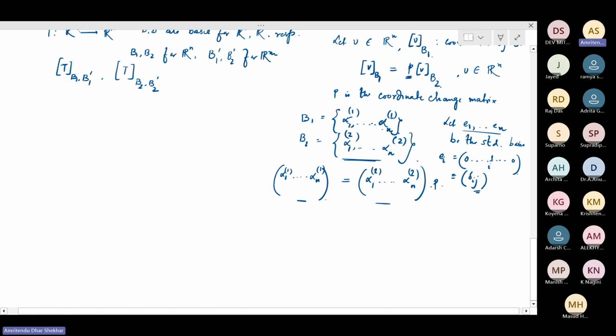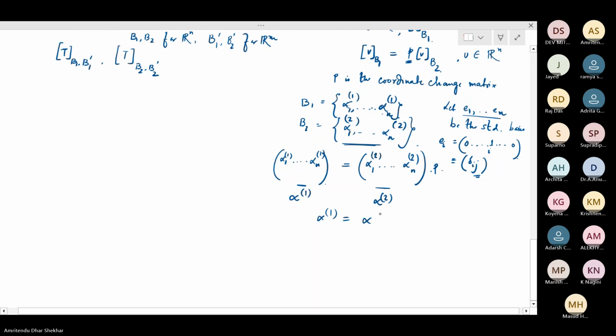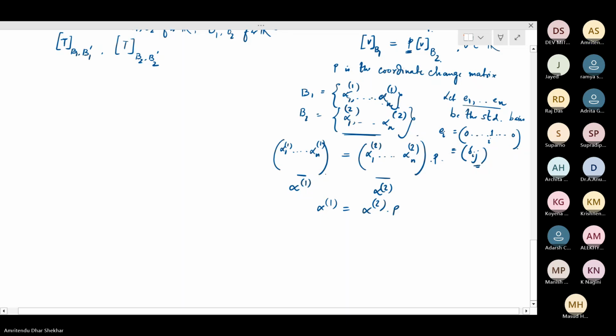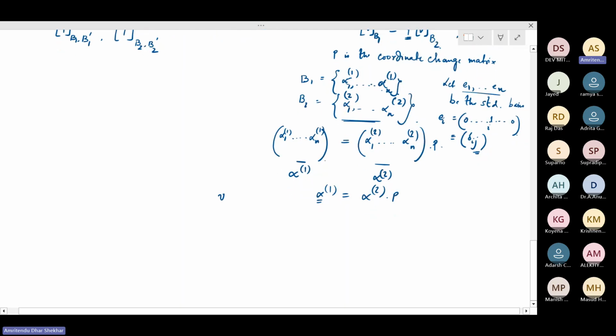If you call this matrix alpha 1, and this matrix alpha 2, there is going to be a relation of this form: alpha 1 is equal to alpha 2 times P. Now, if you give me any vector V with coordinates with respect to this particular basis, then alpha 1 dot V is equal to alpha 2 times P times V.